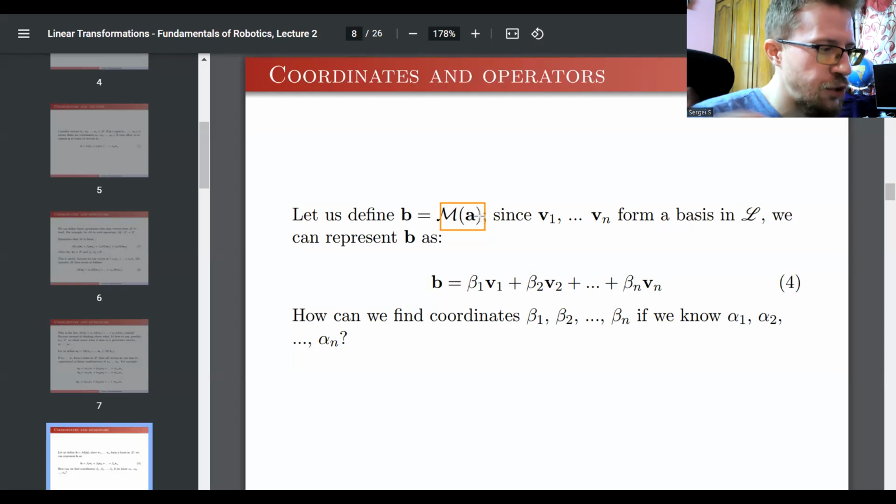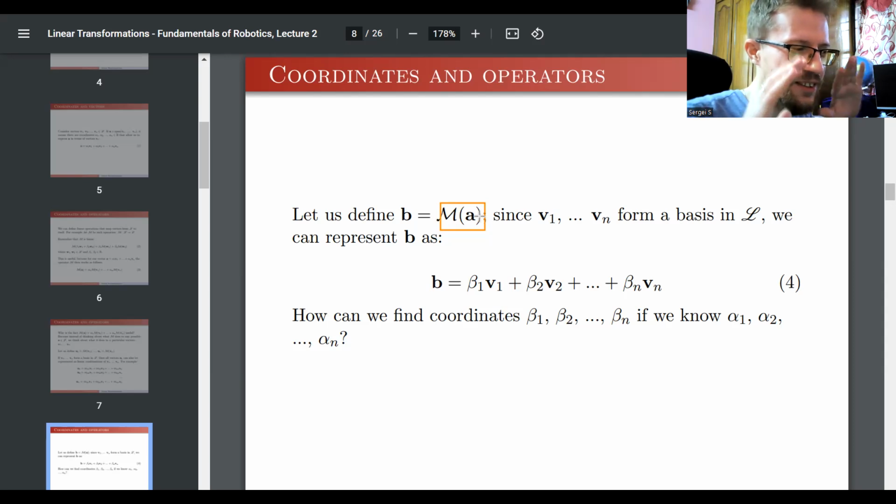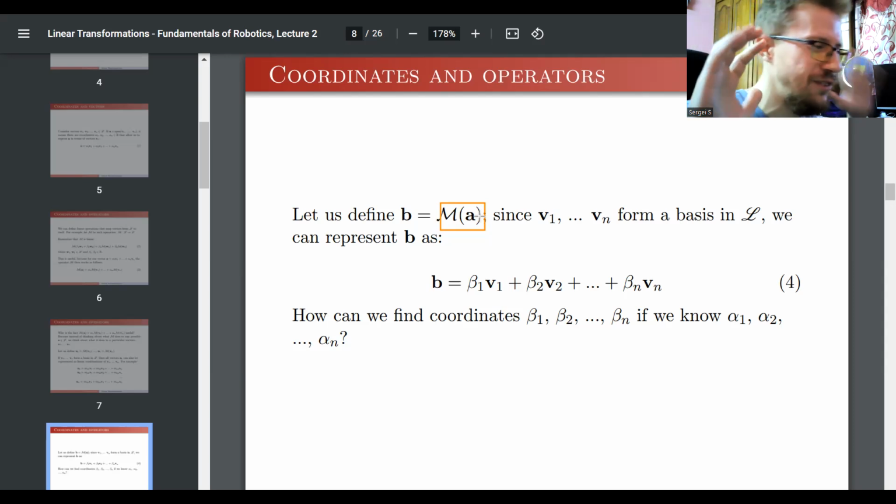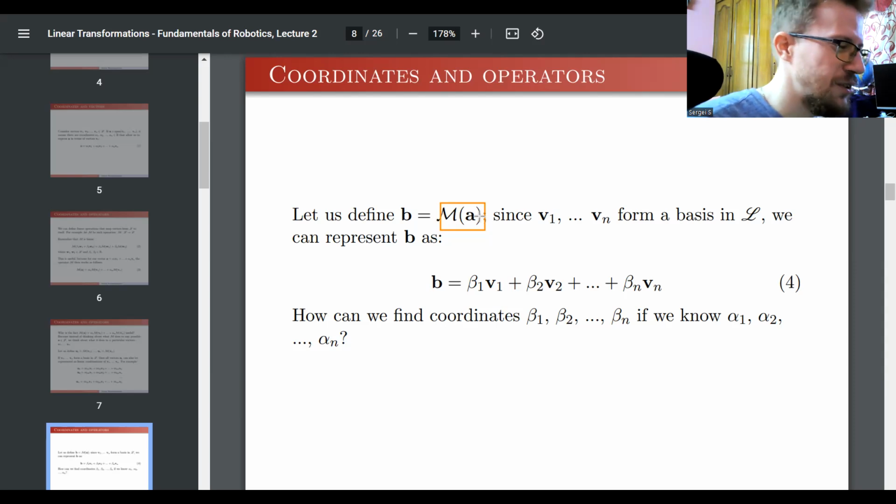For any linear operation, you can find the equivalent matrix. And matrices are also linear spaces. So what you find is that there is an equivalence between linear operators and linear spaces. But that is the kind of algebra which is very fun to read, but not something that I can teach in an introduction to robotics. But yes, indeed, you got exactly the right idea.